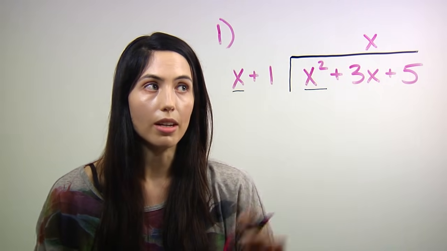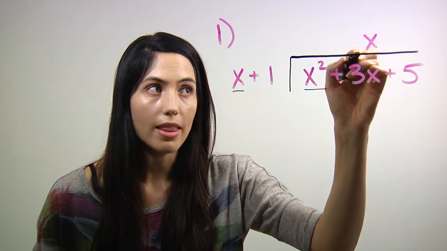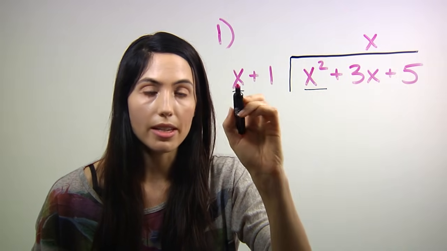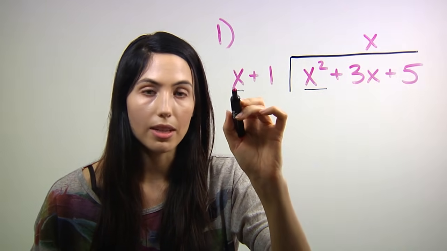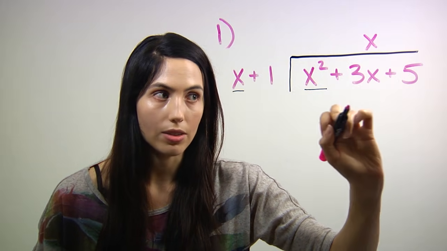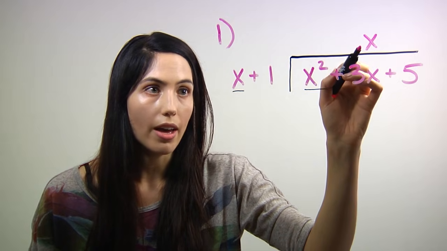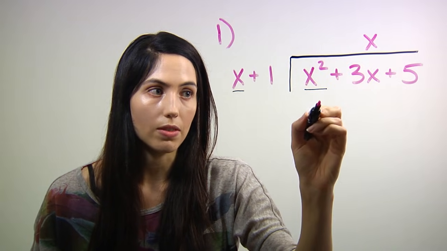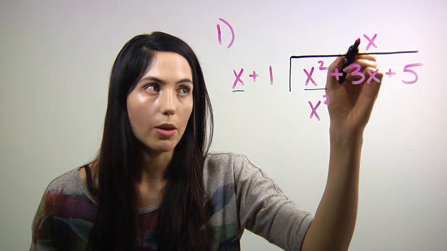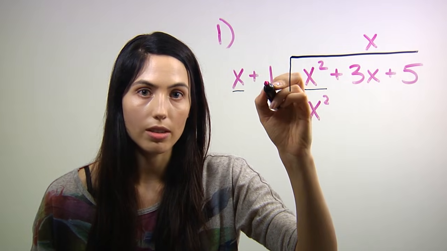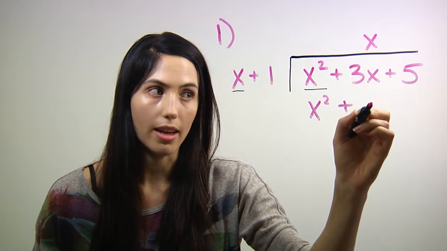The next step is to multiply this x by each of these terms and place what you get directly underneath this polynomial. So in this case, we have x times x, which gives us x squared, and we have x times 1, which gives us plus x.